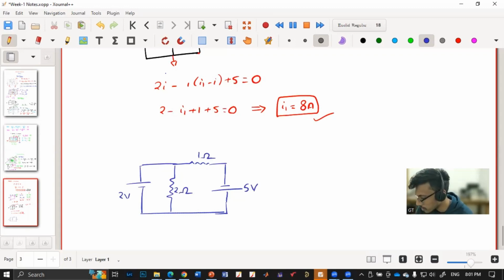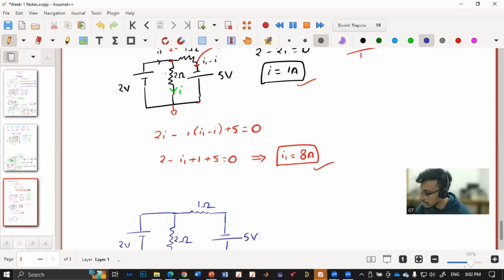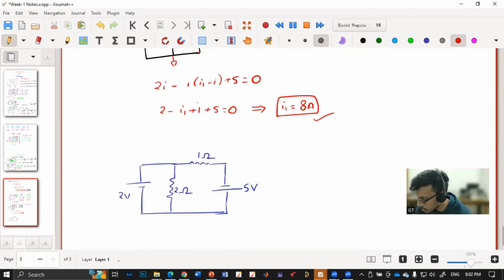Now I'll consider exactly the opposite convention to whatever I have considered before. So here I am considering like this, here like this, here like this. Say this is my I1, this is my I2, so this is my I1 plus I2.